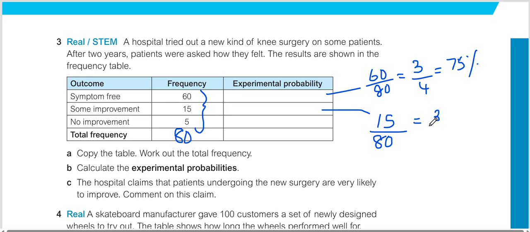If you divide it by 5, it's 3 upon 16, right. What about no improvement? It's 5 upon 80. Once again, it's 1 upon 16, right?